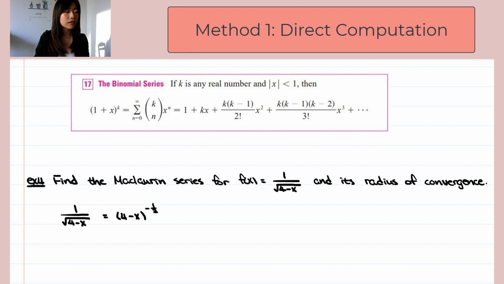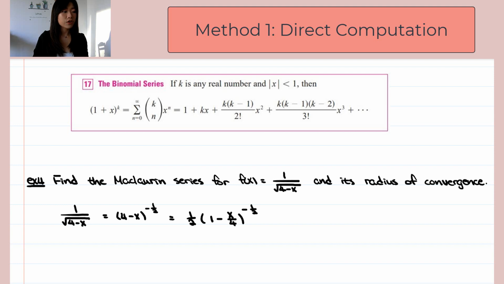And I can factor out the 4 to the power of negative half so that the first term in the bracket equals 1. 4 to the power of negative half also equals 1 over 2. So 1 over 2 times (1 minus x divided by 4), and this to the power of negative half.